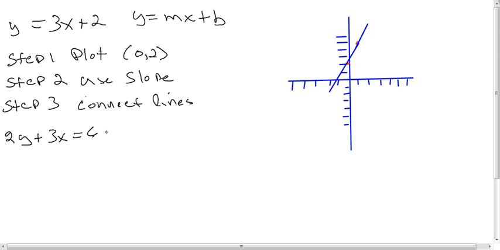And remember, when you're working with equations, whatever you do to the left, you have to do to the right. So we will write here 2y plus 3x minus 3x, and that's subtracted from the left side, is equal to negative 3x plus 6. Okay, excellent.